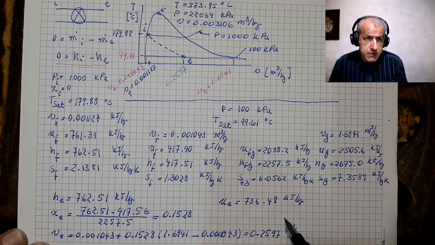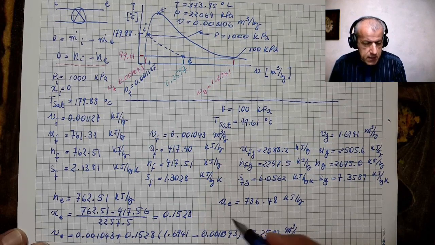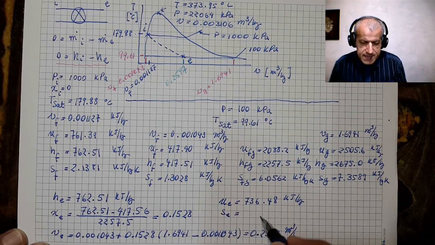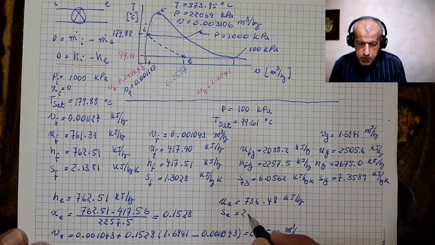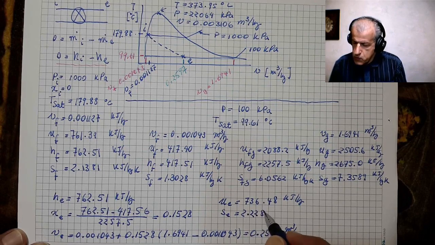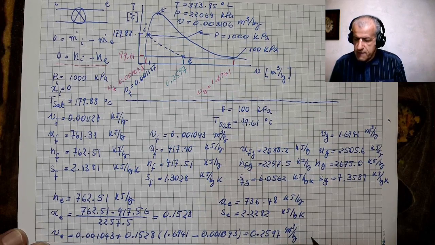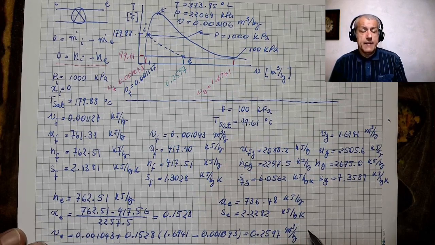We won't need that, but still, we did calculate it for the properties, and SE is 2.2282 kilojoules per kilogram Kelvin.